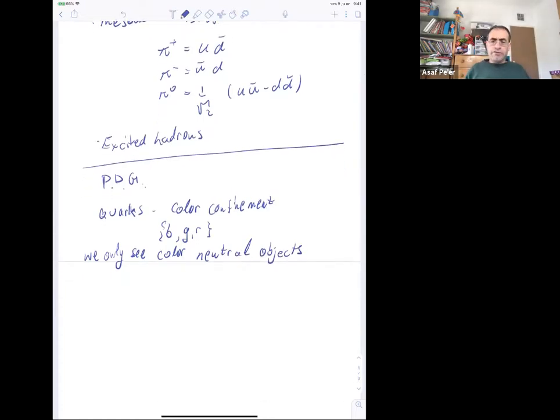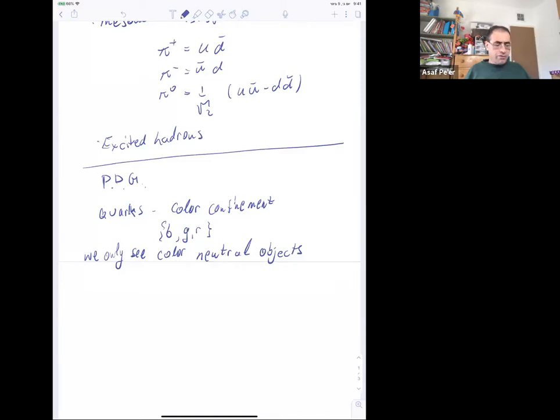So due to the color confinement, the single quark lives in a size of a typical one Fermi. That's the size of a proton, right?